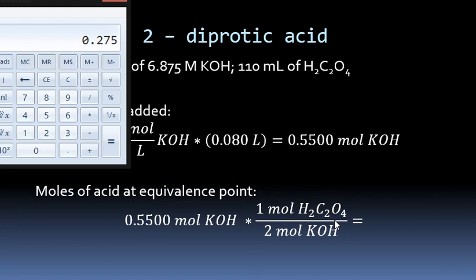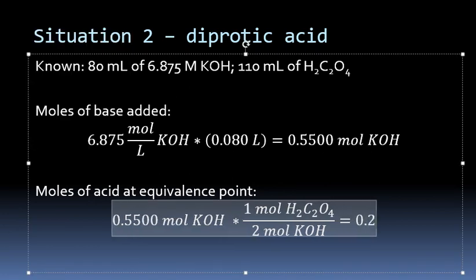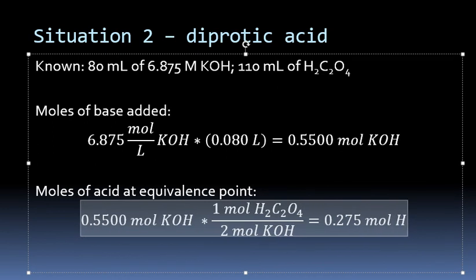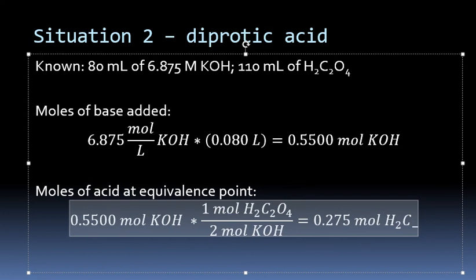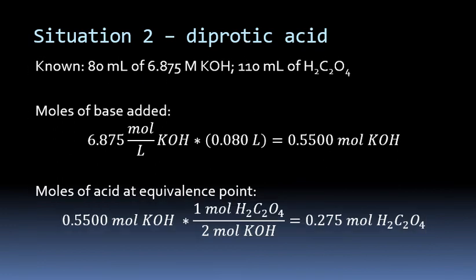And that will give us 0.275 moles of our oxalic acid. That's the key to note, is that with acid and base reactions, it's not always going to be 1-to-1. So you should know how to recognize those situations and use a mole-to-mole ratio to correctly determine the amount of moles of your acid you actually did neutralize.